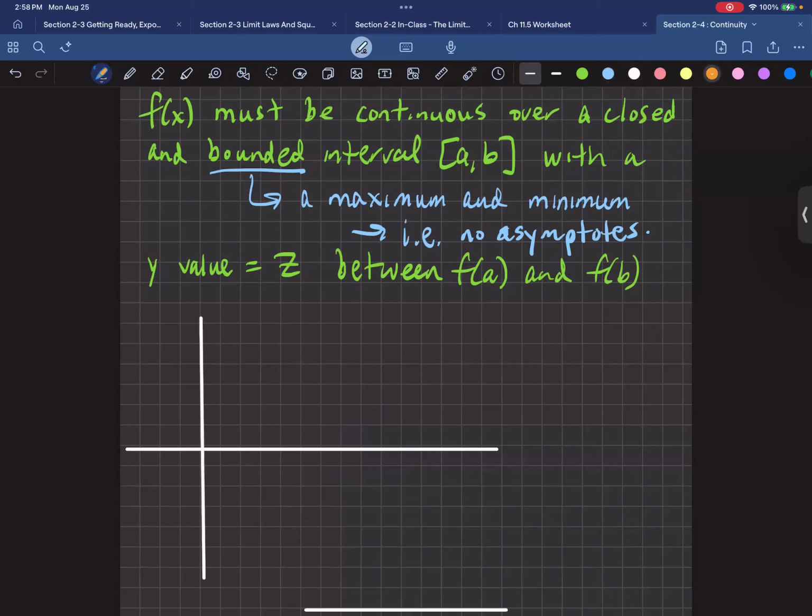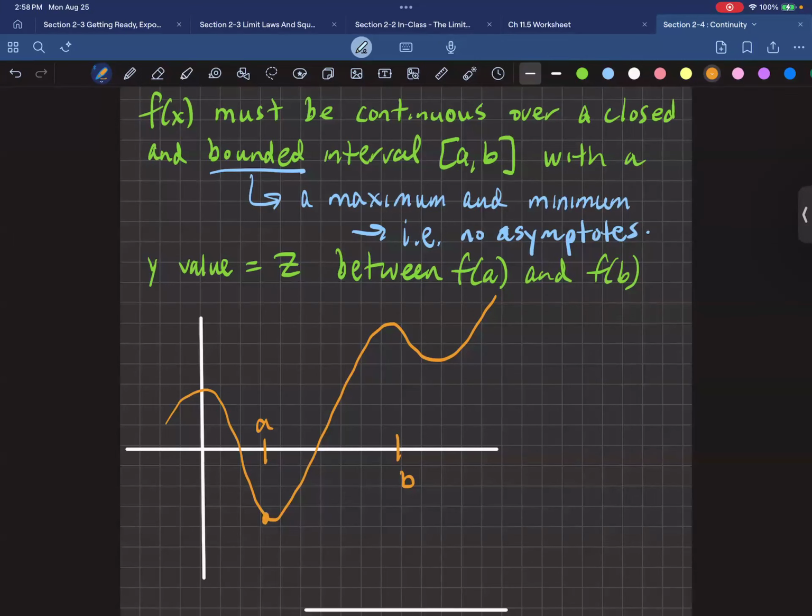So we could have some stuff going like this. I'm going to say A is here and B is over here.